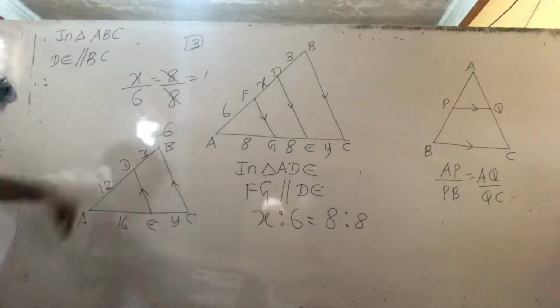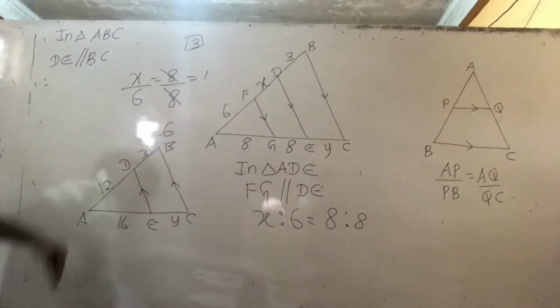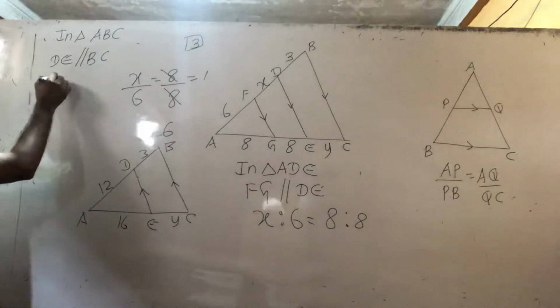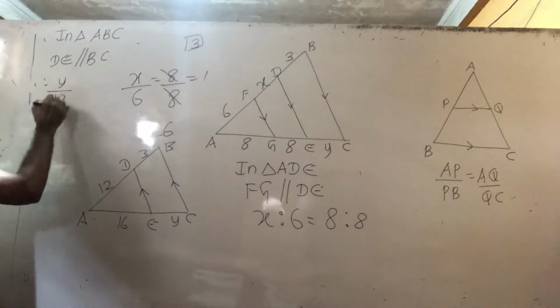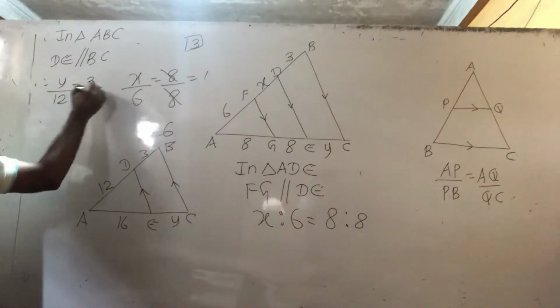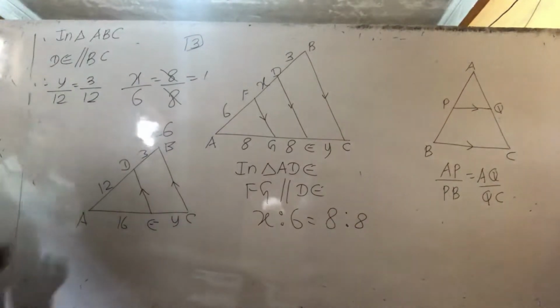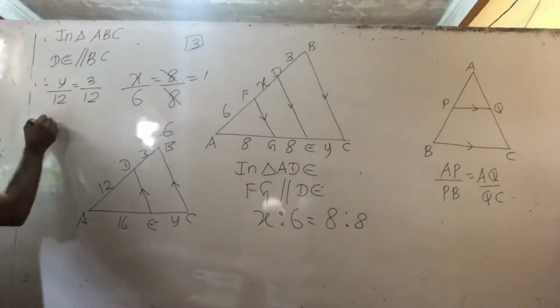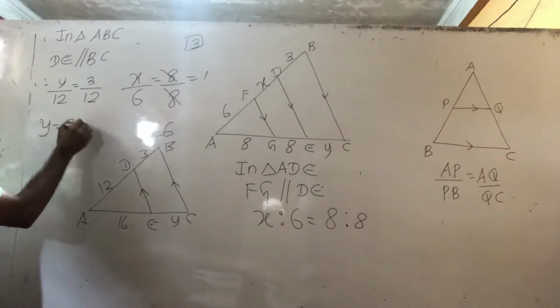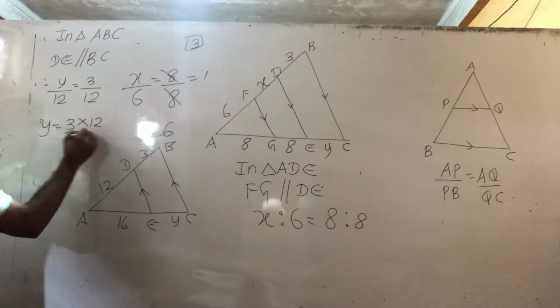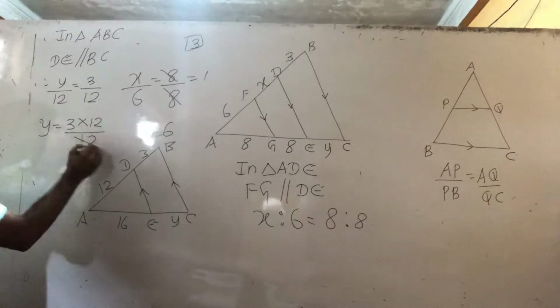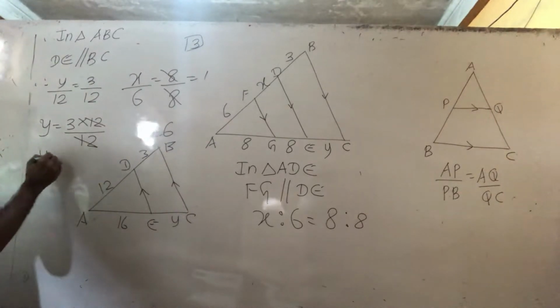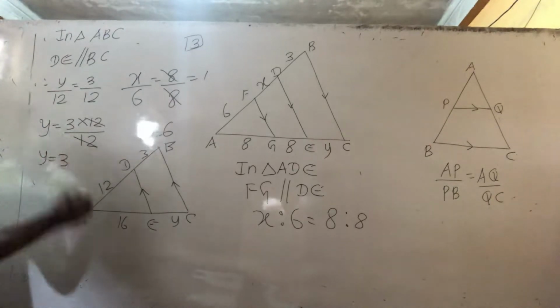So write y over 16 equals 3 over 12. Cross multiply: y equals 3 times 12 over 12. The 12 cancels, so y is 3.